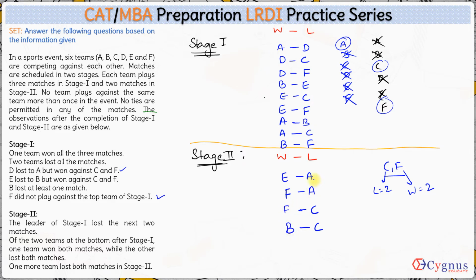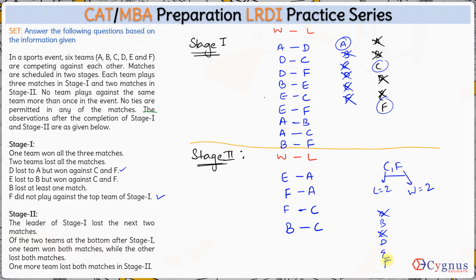Okay, fine. Next is, one team lost both the matches in stage 2. There is one more team who has lost both the matches in the second stage. Now, who can be that one more team? One is A, one is C. Out of A, B, C, D, E and F, A has already lost 2 matches, C has already lost 2 matches.